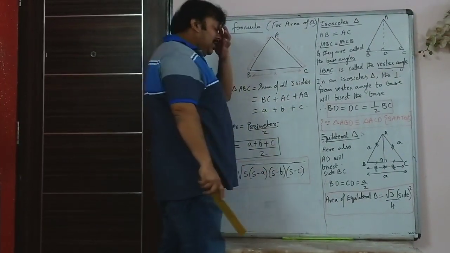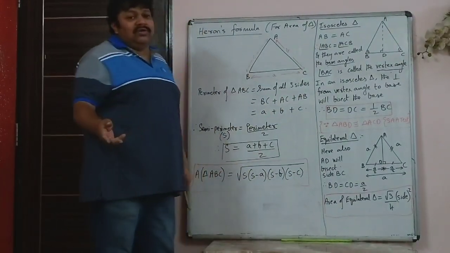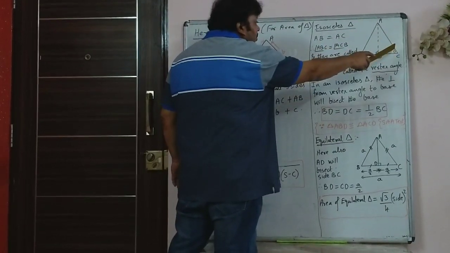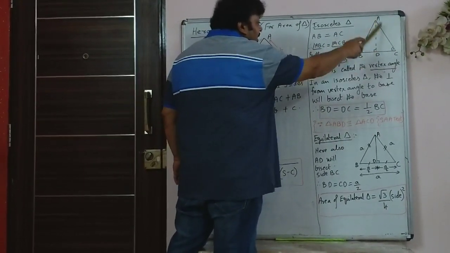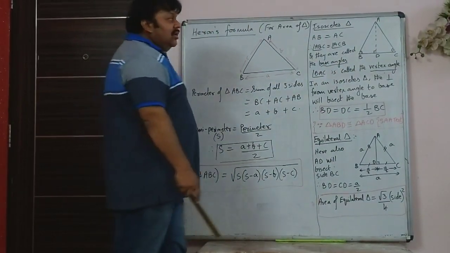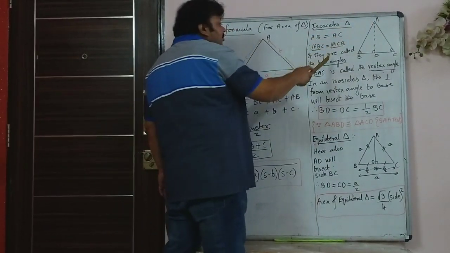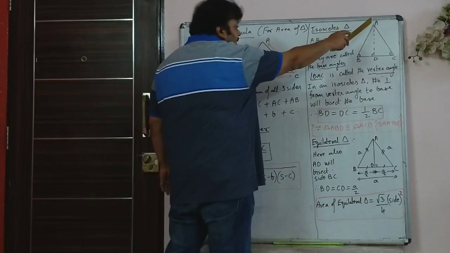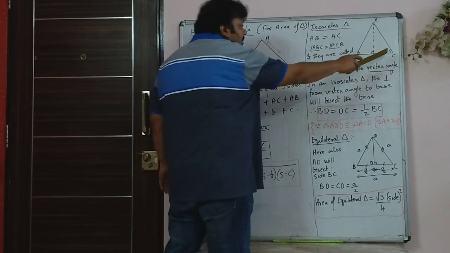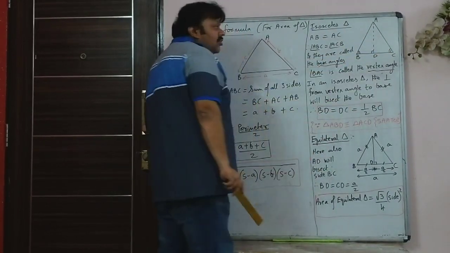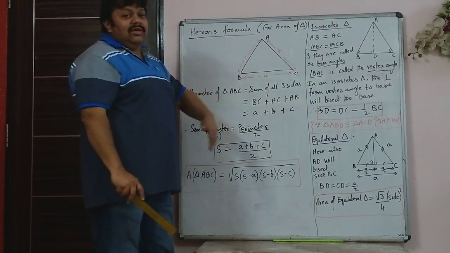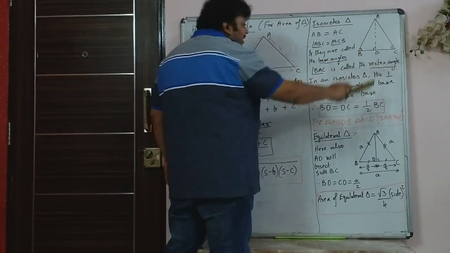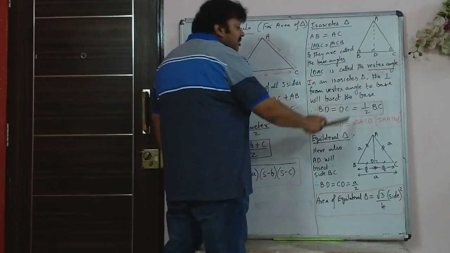Now, there are two special triangles. One is the isosceles triangle. You have just finished the chapter on isosceles triangles. So you know that if AB is equal to AC, then angles ABC and ACB are called the base angles, and the angle at the top is called the vertex angle, so angle BAC is the vertex angle. From the vertex angle, if I draw a perpendicular to the base, AD perpendicular to BC, then in an isosceles triangle and also in an equilateral triangle, the perpendicular from the vertex will bisect the base.